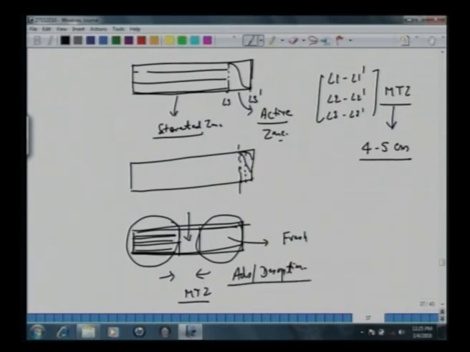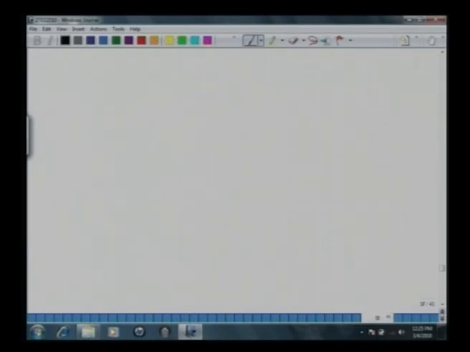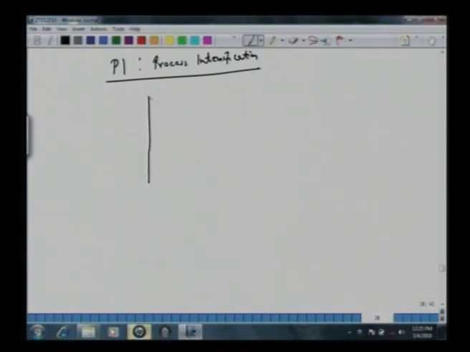All right, and this argument also brings us to another very important thing, what we call PI, or process intensification. Without getting into too much detail, we are trying to say here that since at any time the mass transfer zone is very small, let's say in a vertical column, this is the zone which is MTZ.